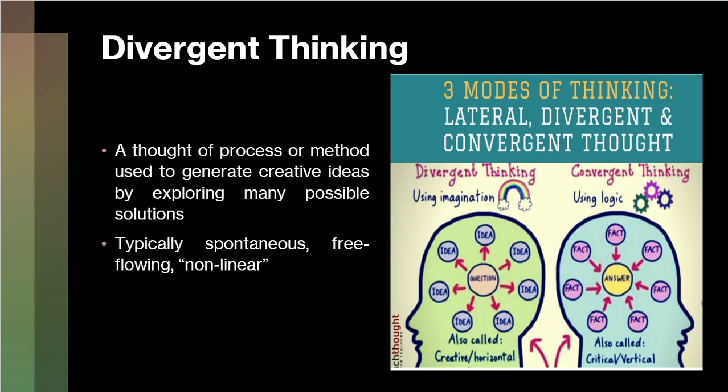As you can see, for convergent thinking, we collect the facts and then we try to find one answer. This is also known as critical or vertical thinking.